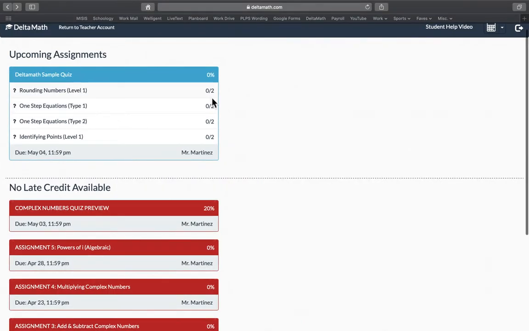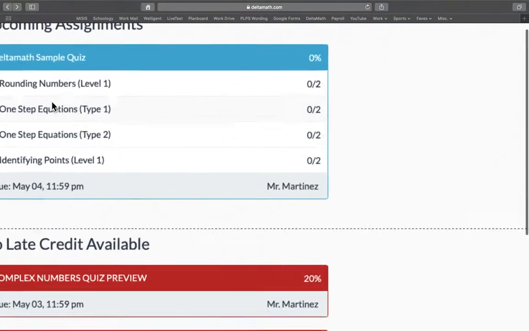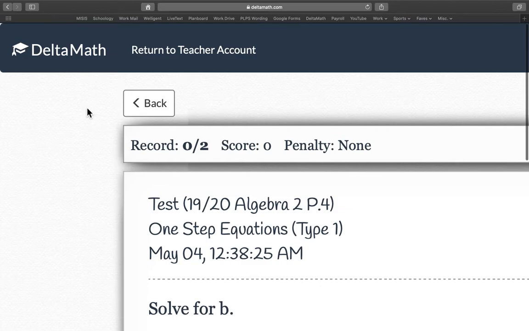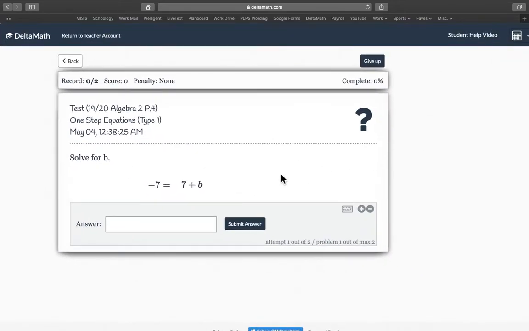Now, here it says 0 of 2. So that means that you will have 2 problems to do here of this type of question. So when we click on one-step equations here, this is a practice. I'm going to click on it, and I'm going to see the problem here.